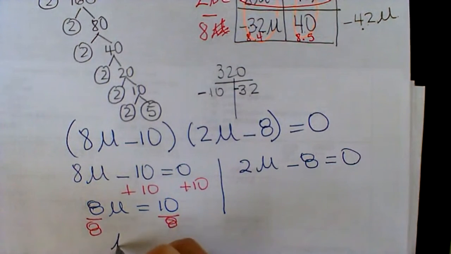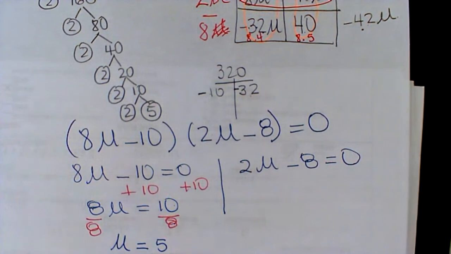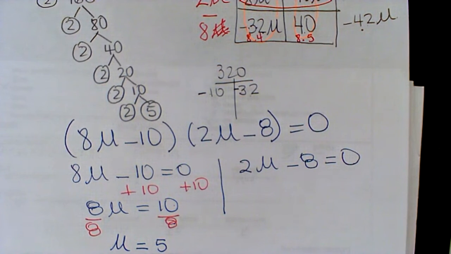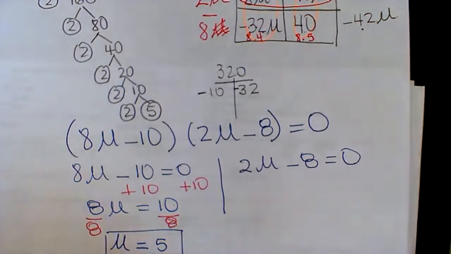So then I have u equals to what? Half of 10 is 5 and half of 8 is 4. So I just got one solution.